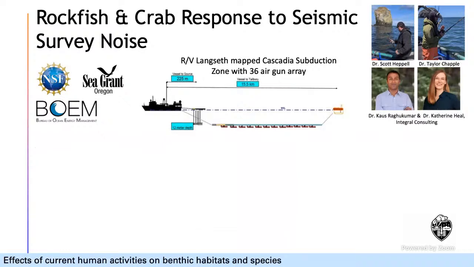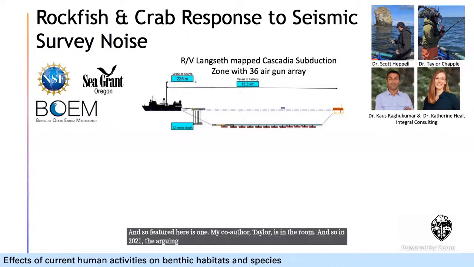More recently, we've looked at some other proxies in terms of noise, both acoustic noise and EMF noise. Featured here is a survey where my co-author Taylor, who is in the room, was mapping the Cascadia subduction zone with a 36 air gun array.